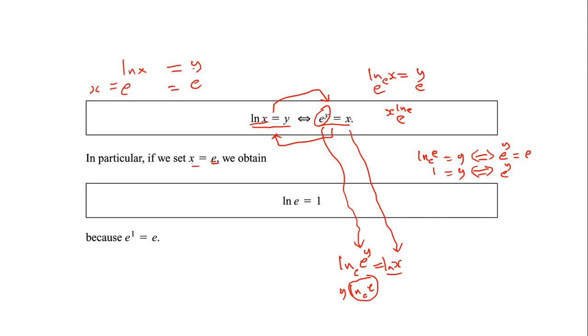That means I have to prove that y equals 1. If e to the y equals e here, what does that tell you about y? y is equal to how much? 1. That's it. If y is equal to 1, that's it. So y is equal to 1. That means ln e of e is equal to 1.